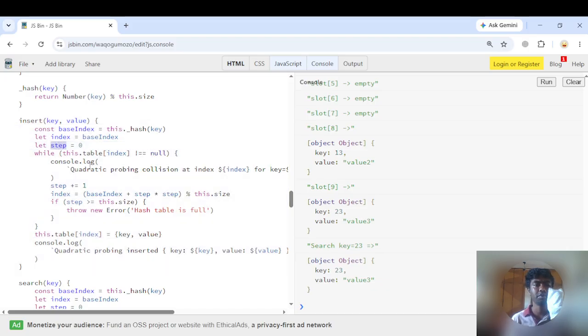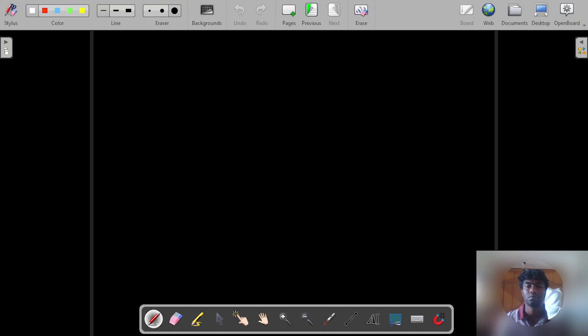As you can see, step size is multiplied by 2, right? It is like i square. So again, we throw the error once we are exceeding the table size or the bucket size that we look to hash and place it in the specific table, right? So that's the whole idea.